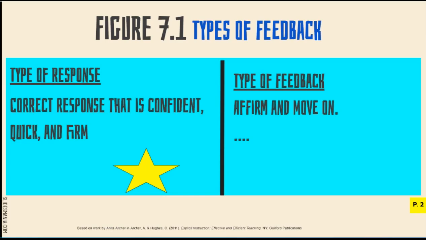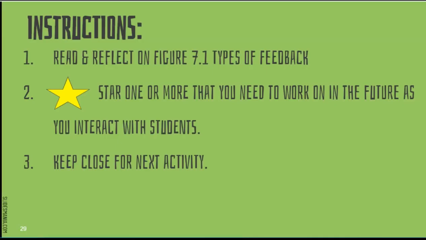So go to page 2. What I'm going to ask you to do now is take that handout and read and reflect on the different types of feedback. Somewhere on that page, go ahead and put a star on one or more that you need to work on yourself, thinking, wow, that's new to me.